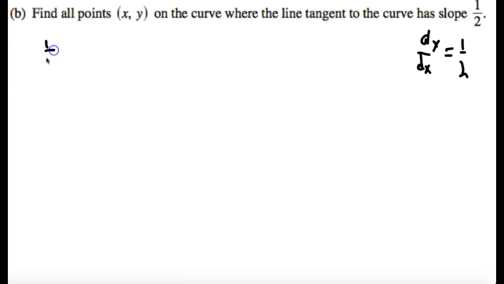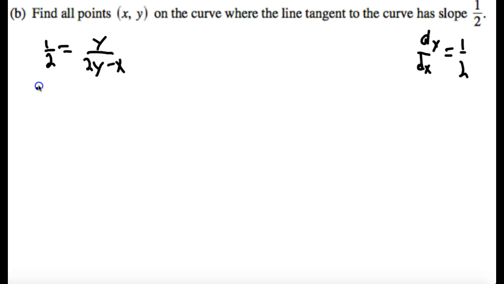Right? So I'm going to say 1/2 equals y over 2y minus x, and I just want to go ahead and solve this then. So if I cross multiply here, that's going to be the easiest way to do this.